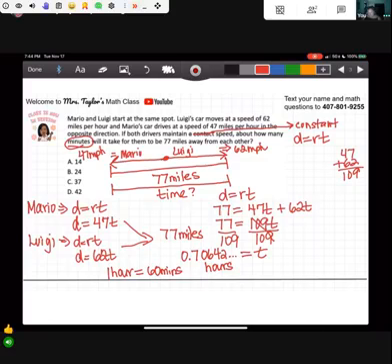In order to do that, and I'm going to do that in a different color, you have 0.706, and this is hours, times, and you make this into a fraction: 60 minutes over 1 hour. And you can cancel out the hours and just multiply the 60 minutes times the 0.706.